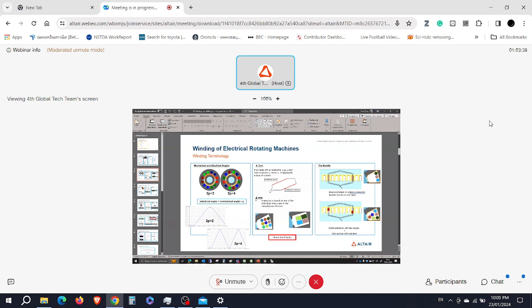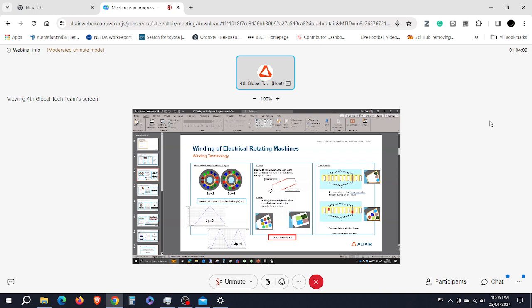But with more than 2 poles, the electrical angle is the multiplication of the mechanical angle by P. So for 2 poles, if I can see the magnetic flux linked by phase A, and I turn the rotor from 0 to 360 degrees, then I will see south and north.